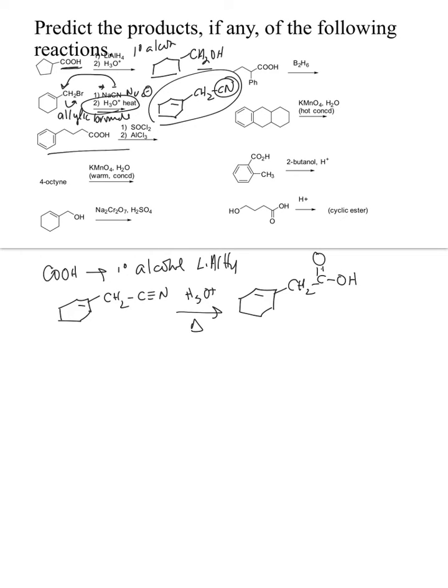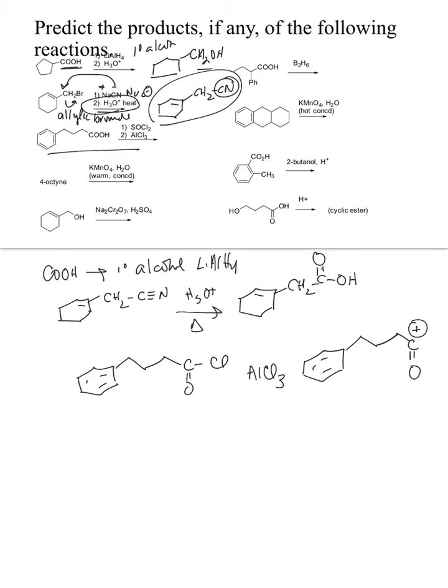Okay, the next one here, thionyl chloride. So you know what this does to a carboxylic acid. It makes the acid chloride. Make sure you've got the 1, 2, 3, 4. And then with aluminum trichloride, in the presence of an acid chloride, you're going to get the acylium ion, which is great for Friedel-Crafts.